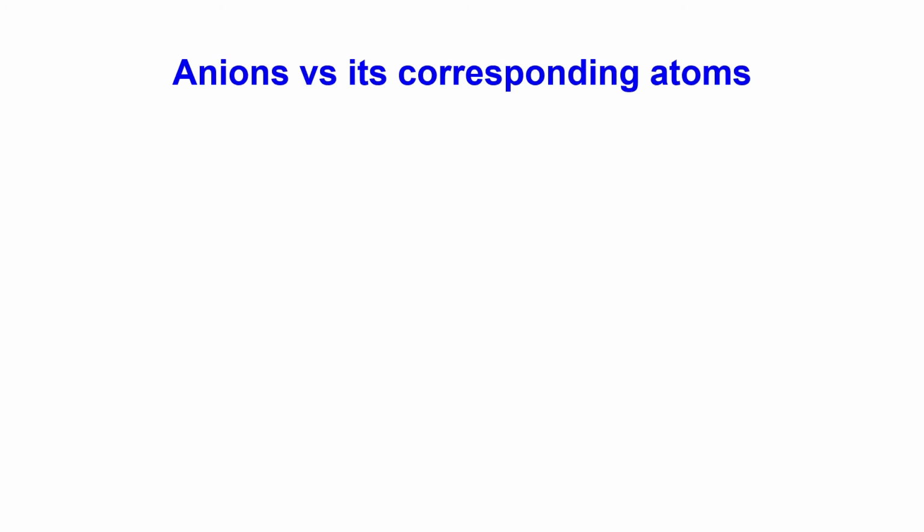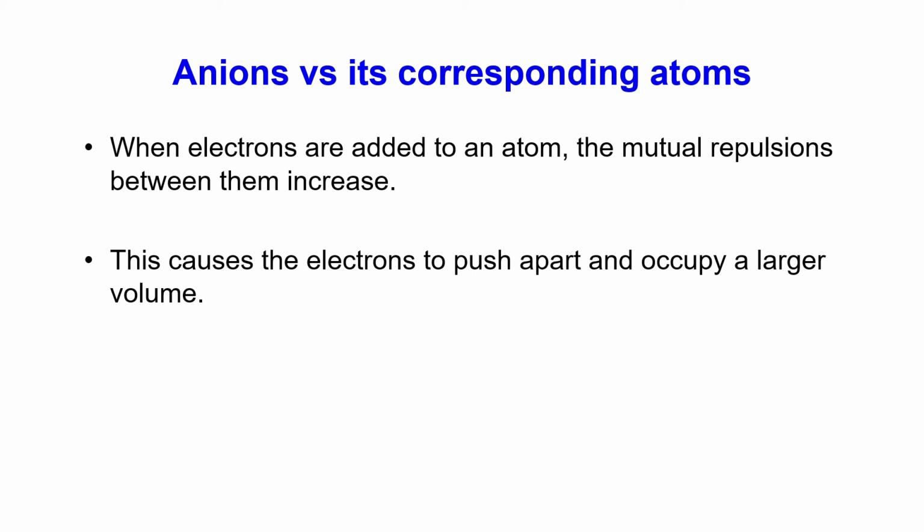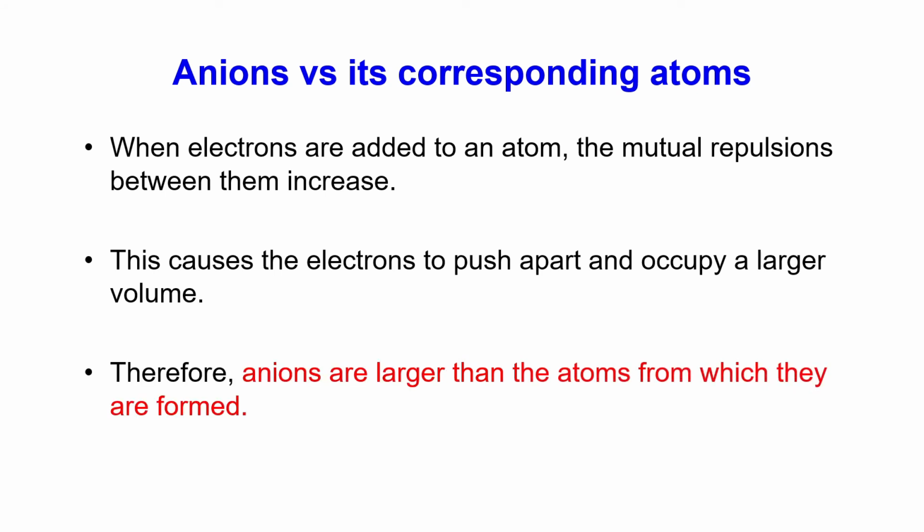Anion versus its corresponding atoms: when electrons are added to an atom, the mutual repulsion between them increases. This causes the electrons to push apart and occupy a larger volume. Therefore, anions are larger than the atoms from which they are formed.